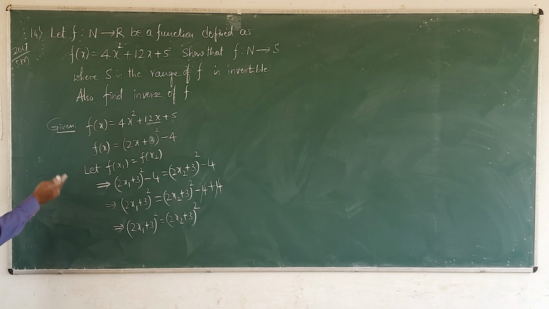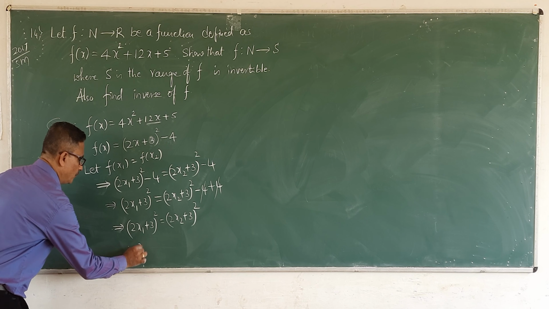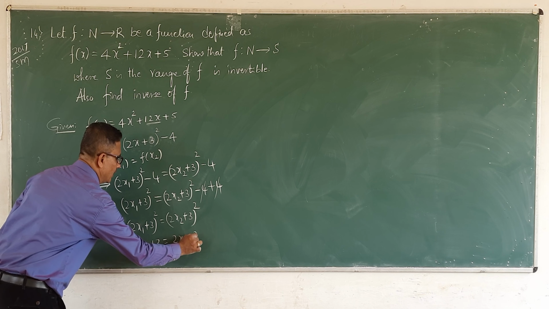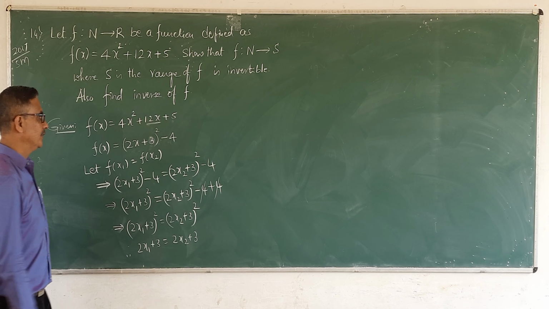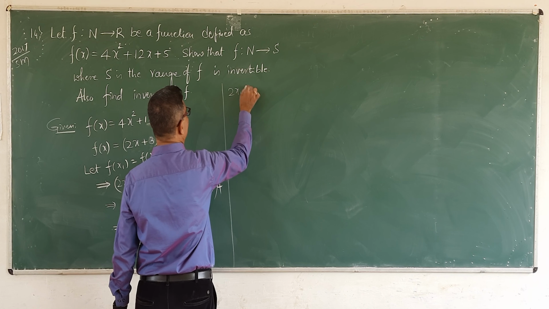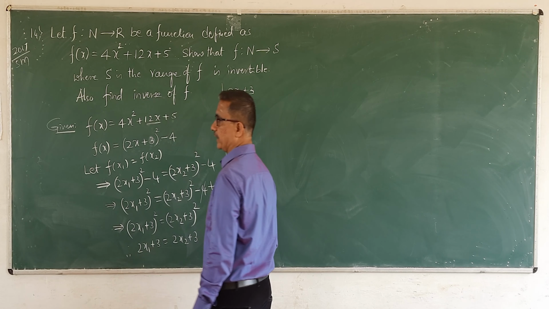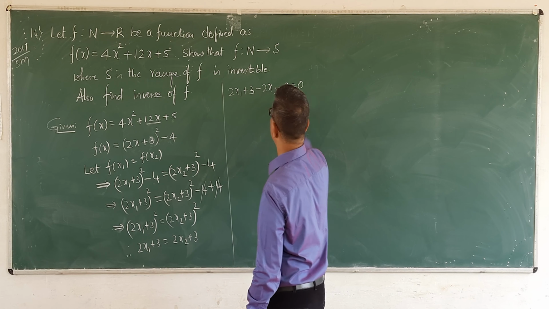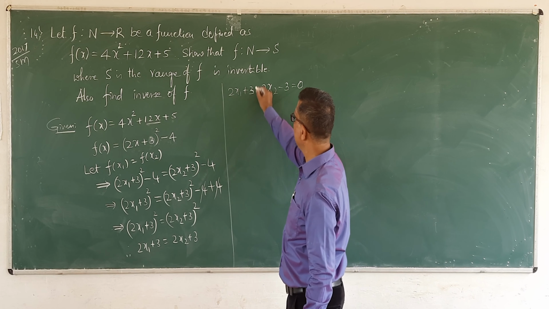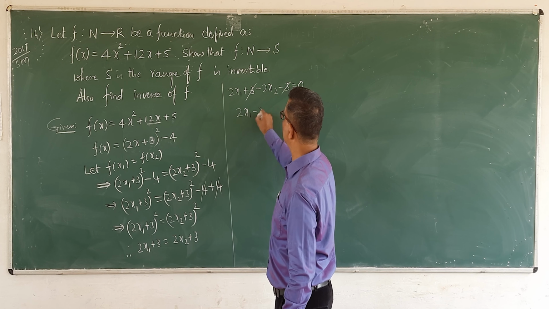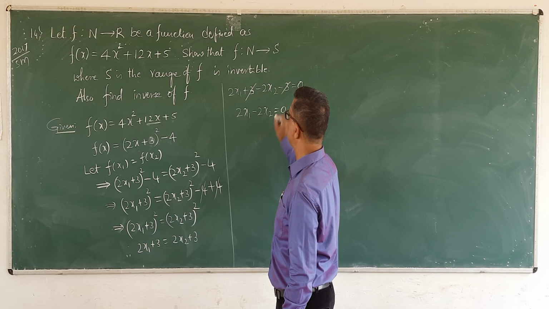Okay, taking the square root of both sides. Therefore, 2x1 plus 3 is equal to 2x2 plus 3. Right? Then further simplify. Take everything to the left side: 2x1 plus 3 minus 2x2 minus 3 is equal to 0. Now here plus 3 minus 3 cancel, so 2x1 minus 2x2 is equal to 0.